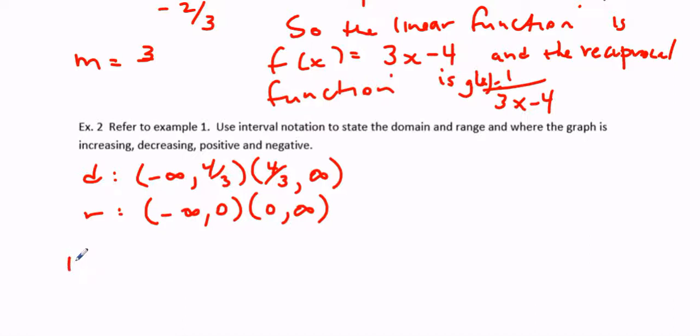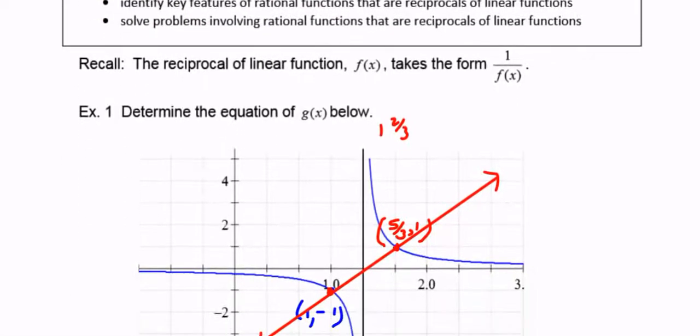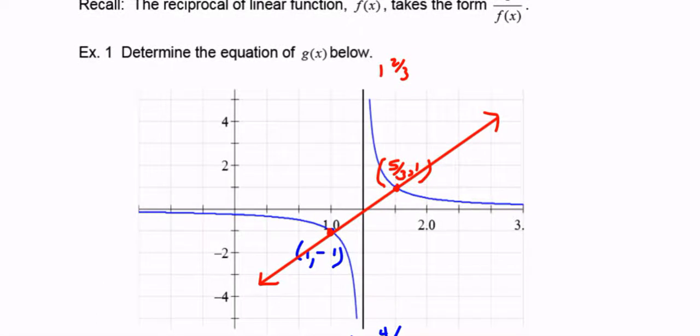All right, let's start with increasing. If we quickly go back, where is the blue graph? That's the one we're talking about here, because that's the reciprocal function. Where is it increasing? Think of a big line.